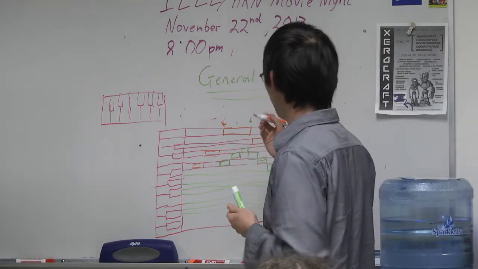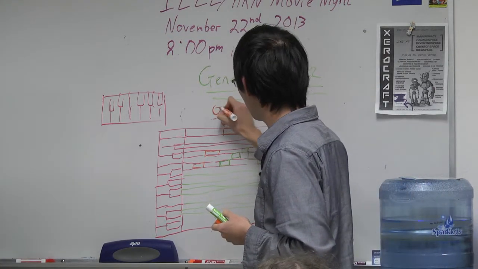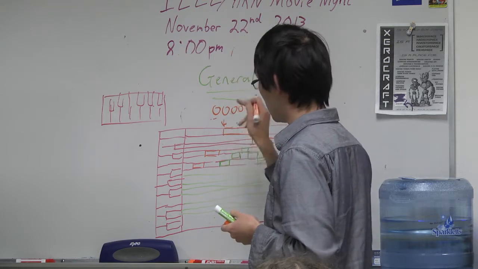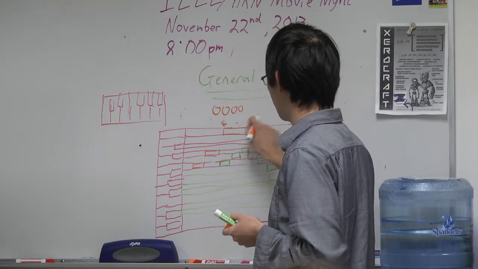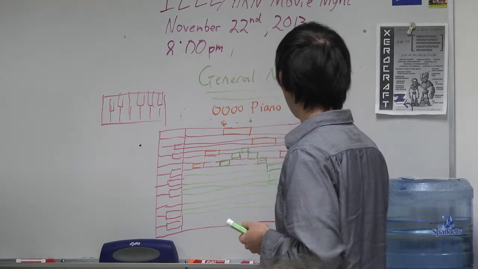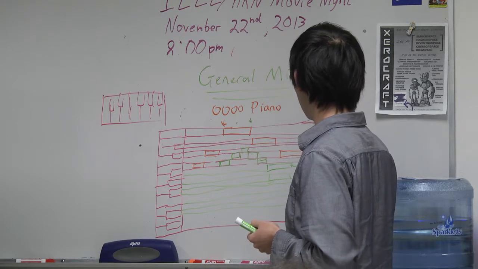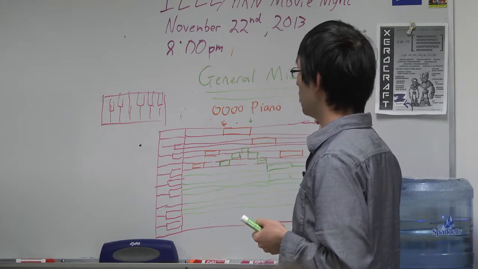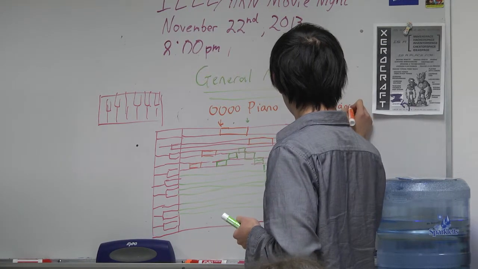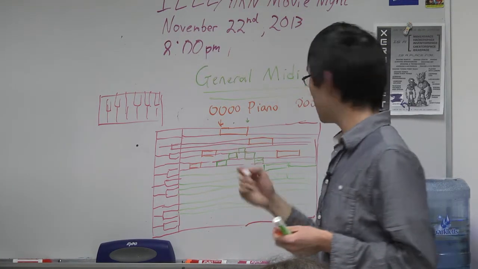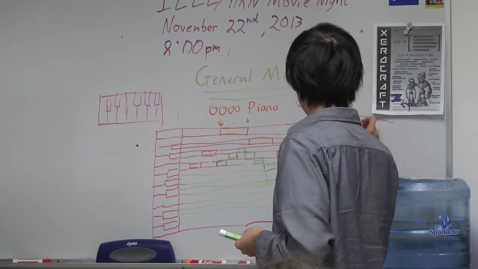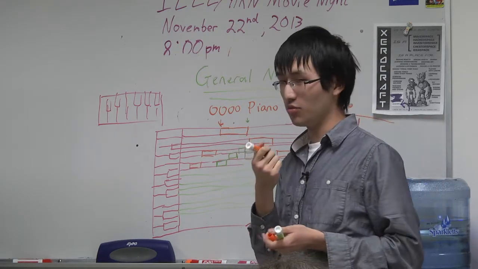So the first instrument is usually a piano, index 000. I don't actually know how many bits they use to keep track of the index. Then 0001 is usually another piano. I think the first 6 are different pianos, and then you go to electric piano.